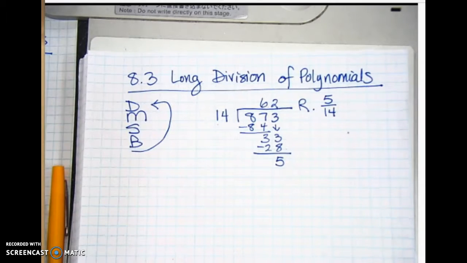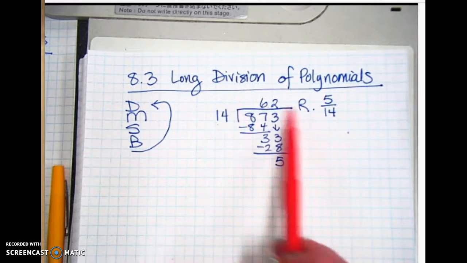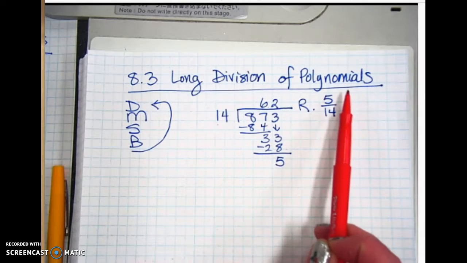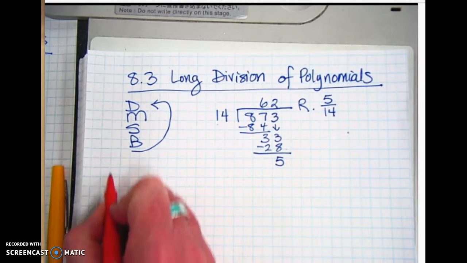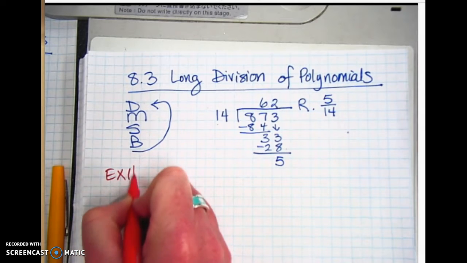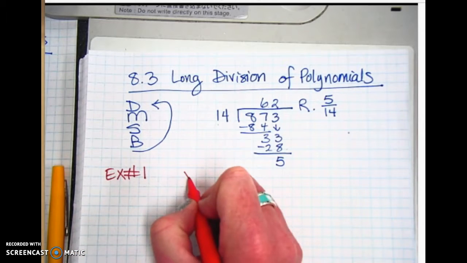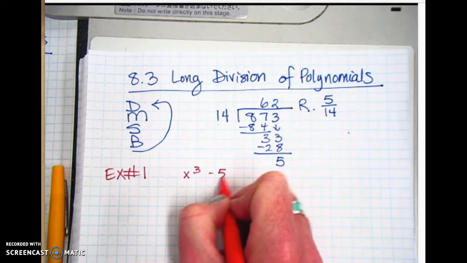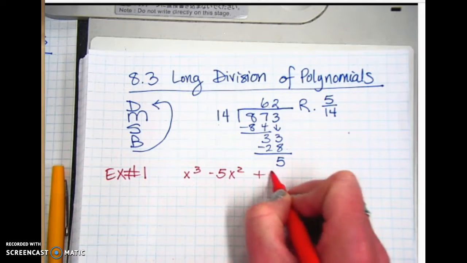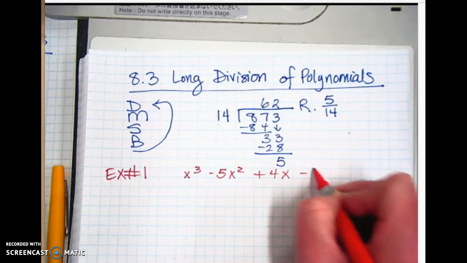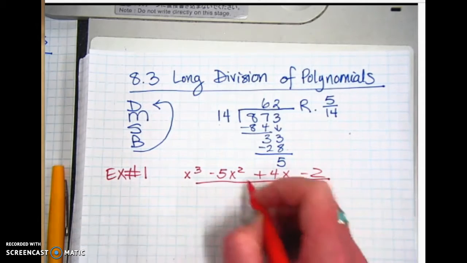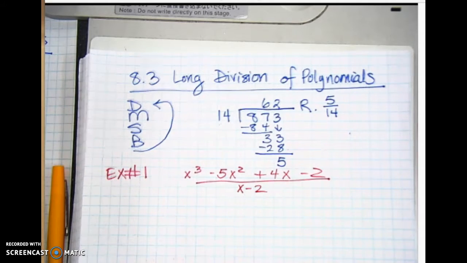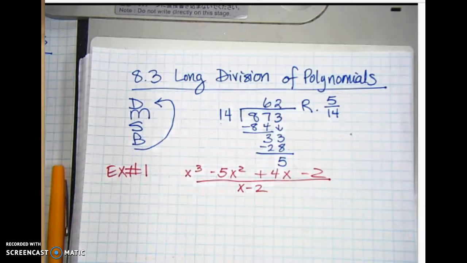So we're going to do long division, but instead of 4th grade level, we're going to be doing it with polynomials, all right? So example number 1, we're going to take x to the 3rd minus 5x squared plus 4x minus 2 divided by x minus 2. Okay, so it looks like a fraction.